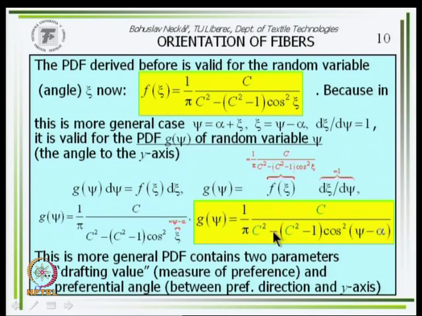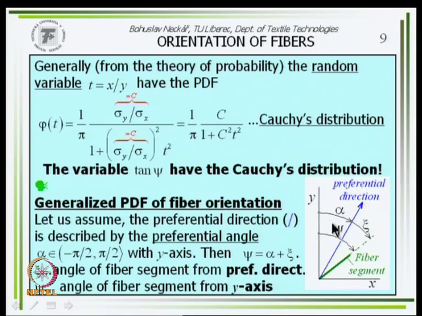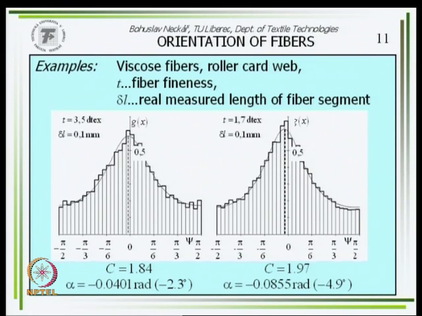Our known parameter c, this parameter generally represents the intensity of the preference of this other direction. And parameter alpha, which is the angle between two directions, the y-axis direction and the preferential direction. Well, it was a theory. Now is the question, and how is it in practice.